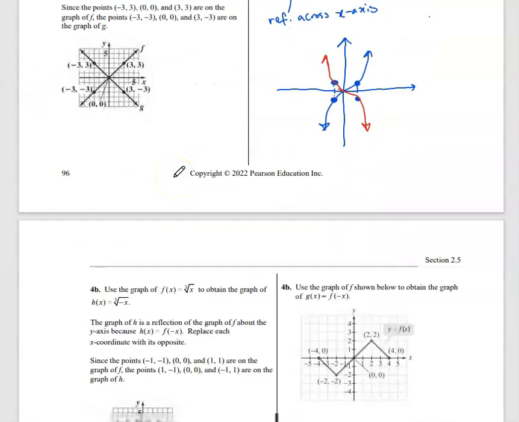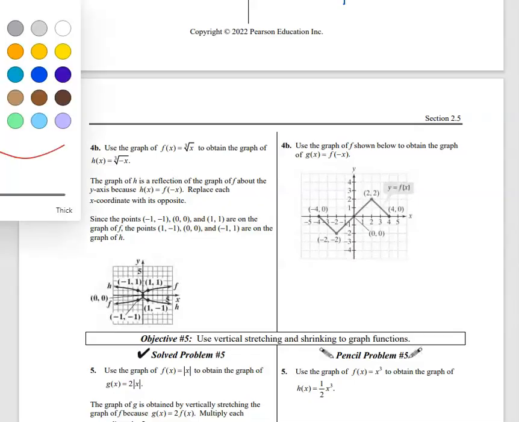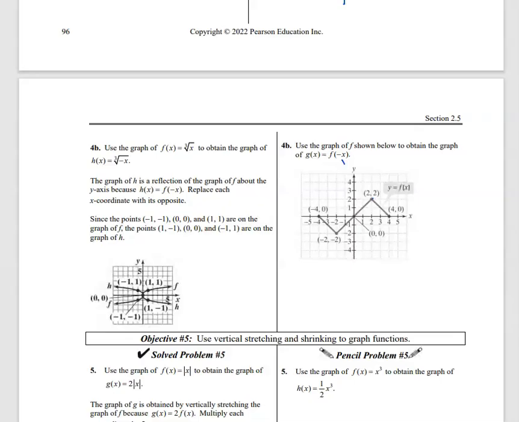And now looking at another type of reflection, here we'll see it just on this graph. I'm going to switch back to blue, and we're wanting to do something else. Now notice instead of the negative being in front of f of x, the x values are being made negative.